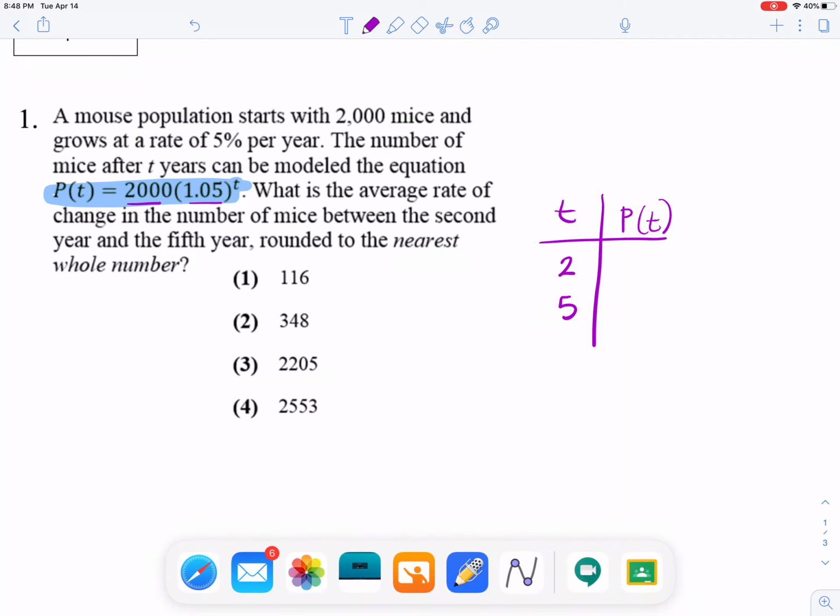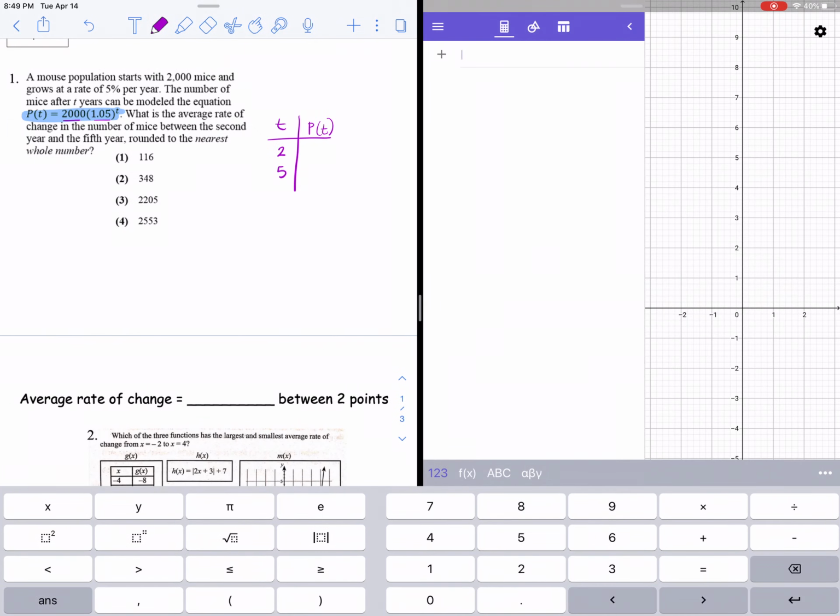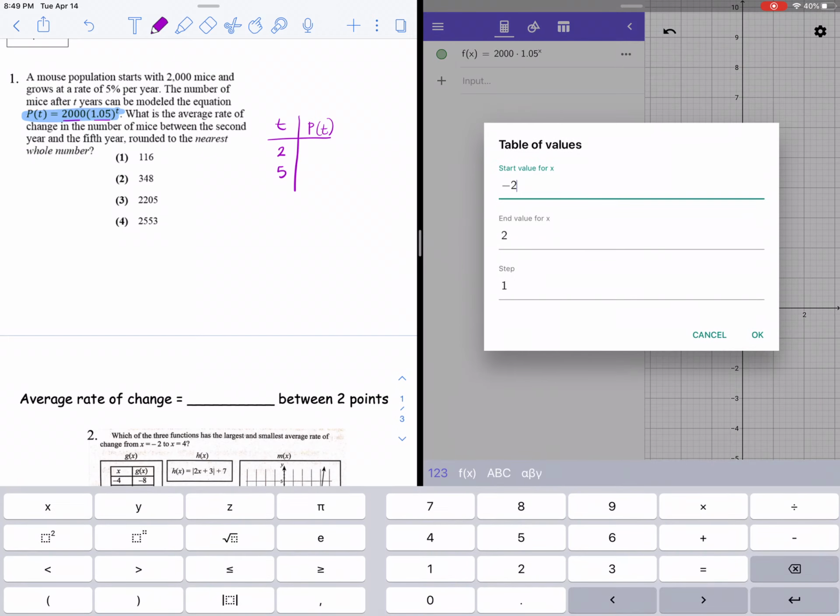You could plug in, or using the table, I could put that equation in, 2,000 times 1.05, and I want the exponent to be the variable. Now I'll go to the table of values. I need 2 and 5 in it, so I'll go up to 5.